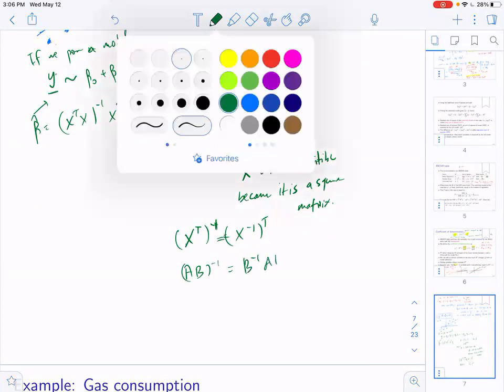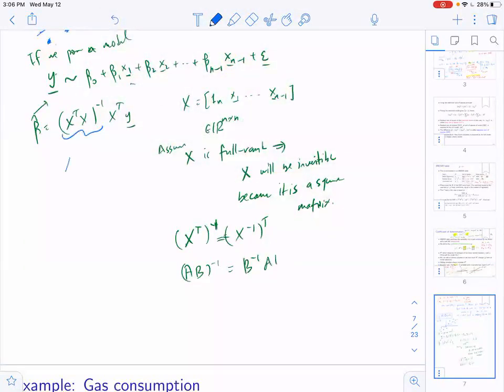So I can invert this. I can actually decompose this. You can't do it in general, but in this case I can apply it to each term, and it would be like switching the two terms: X transpose inverse, X transpose Y.